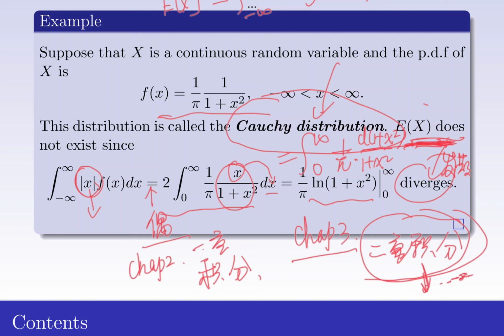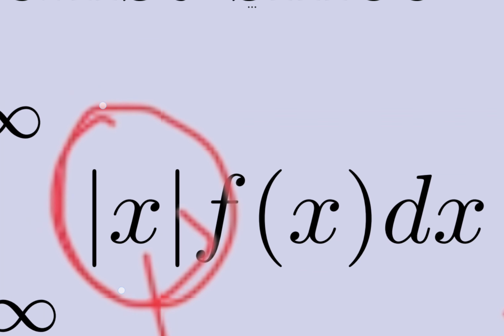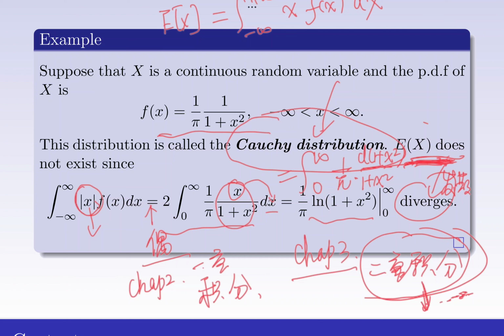This is the classical and typical example where the expectation of the Cauchy distribution doesn't exist, because when we do this, we use the absolute value.